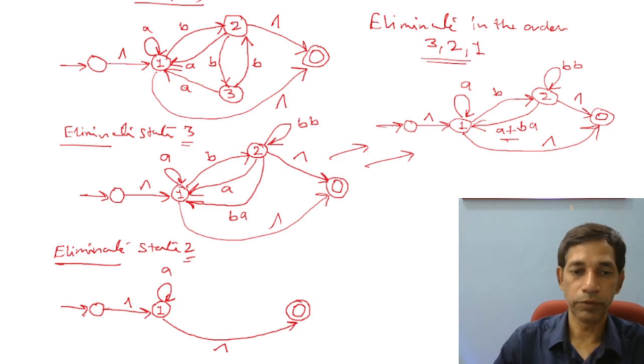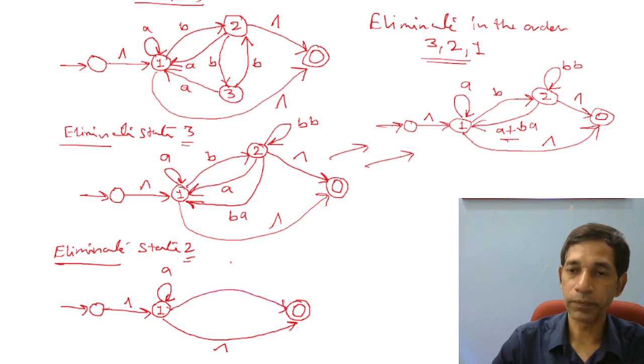Now you are at state 1, you have the loop, and you have the final state. You are bypassing state 2. So once you bypass state 2, this means from state 1 you are going to state 2 for the B. Then you have the loop, and you are going to the final state. This means you should have the direct path from 1 to the final state.